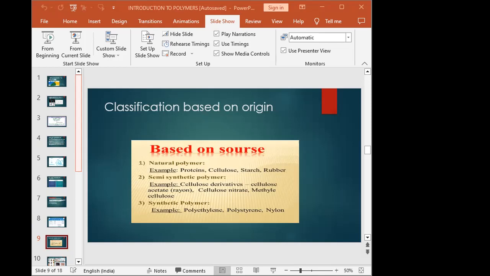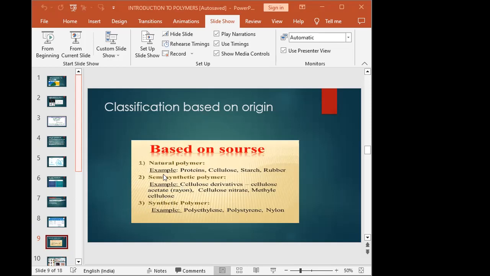Vulcanized rubber is also an example of semi-synthetic polymer, in which sulfur is used in cross-bonding the polymer chains found in natural rubber. Cellulose nitrate and cellulose acetate are also examples of semi-synthetic polymers.